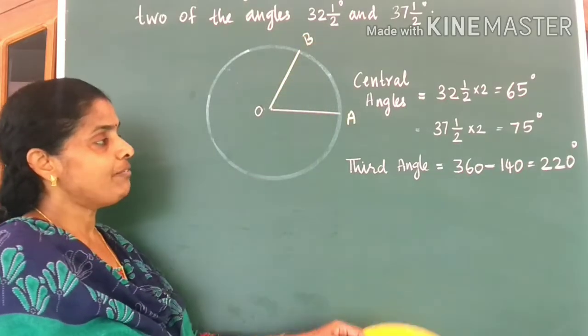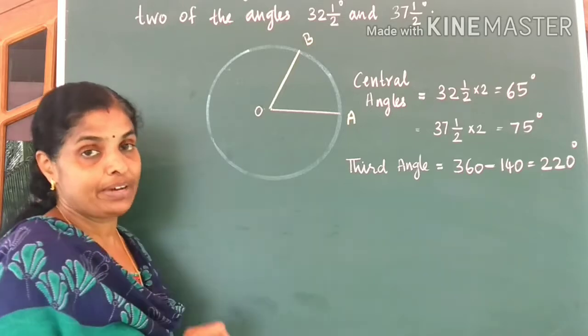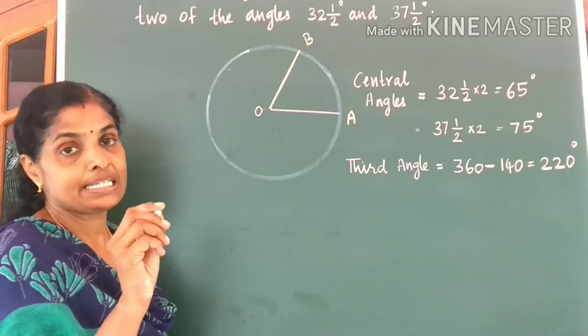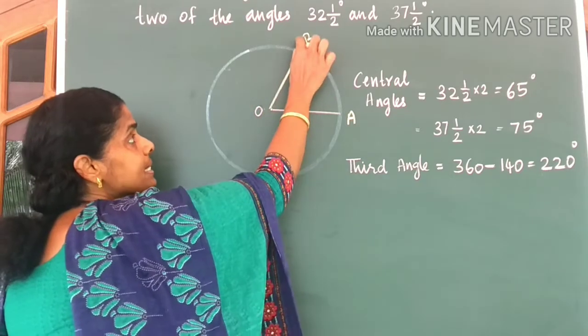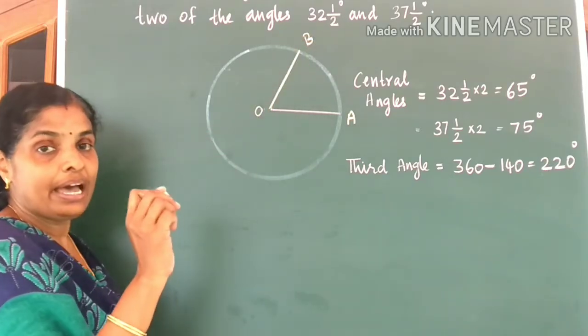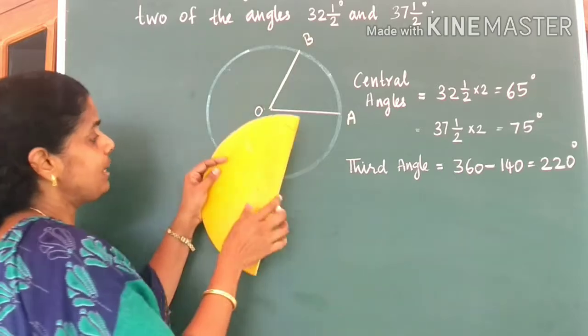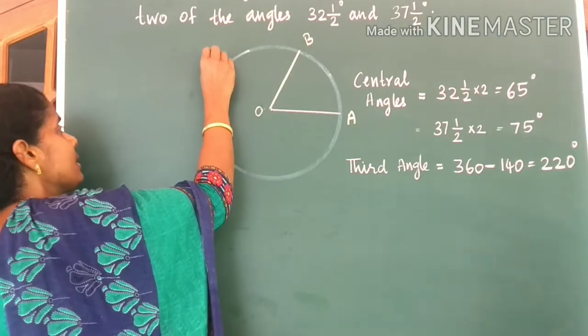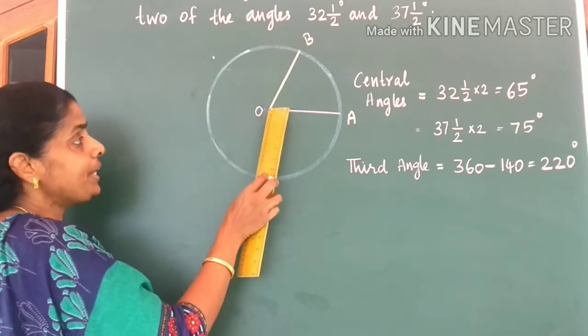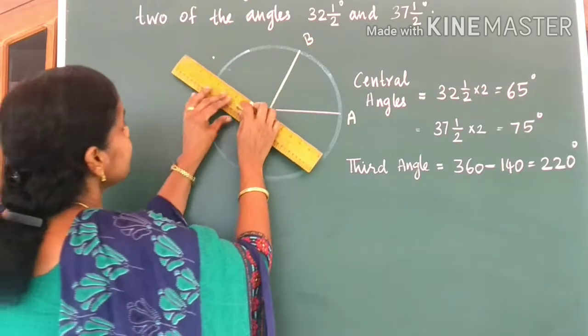Again, we have to measure 75 degree. For measuring 75 degree, keep your protractor on this line OB and measure 75 degree. 75 degree is here. Join this point to the center.